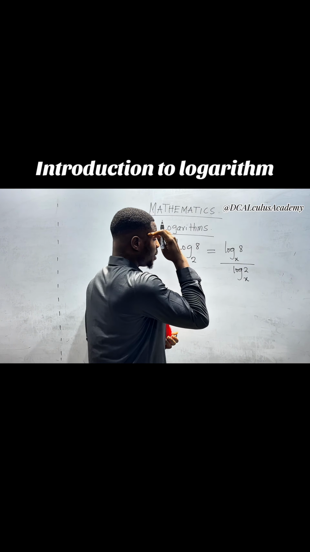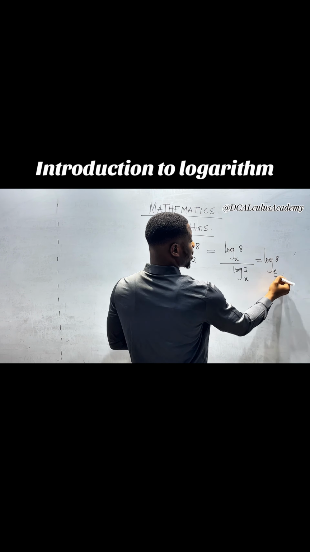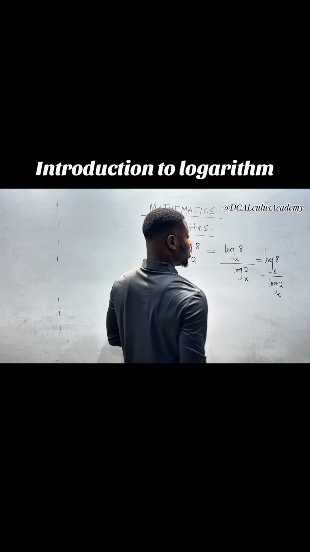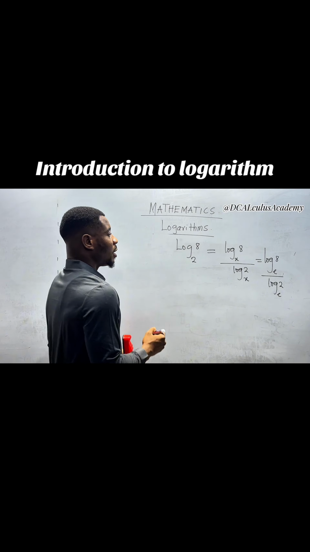You could also say it is log of 8 to base e divided by log of 2 to base e. It's very correct; you've actually changed the base. This is one pattern of change of base.